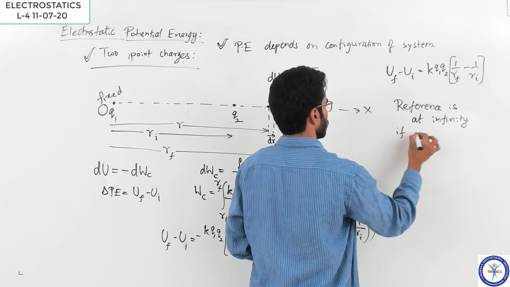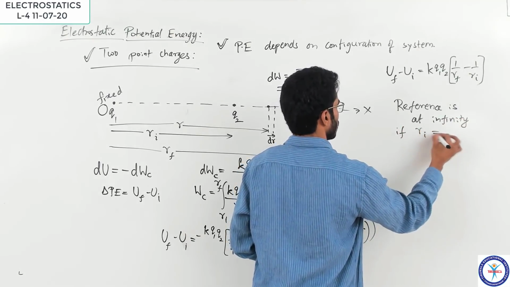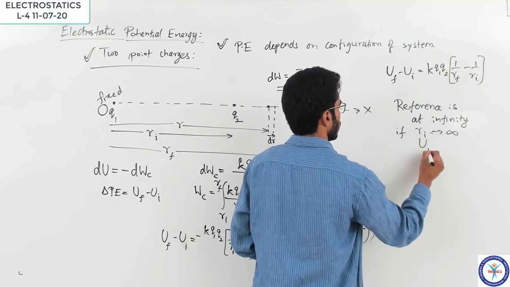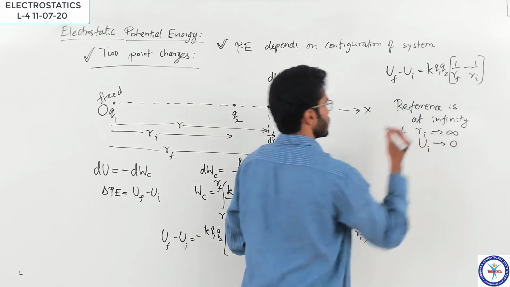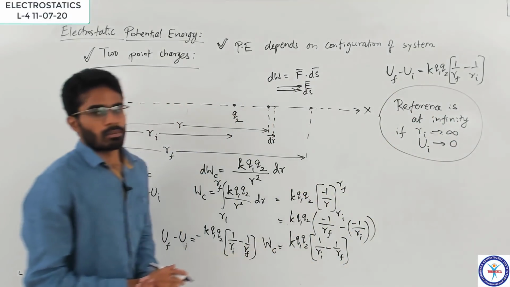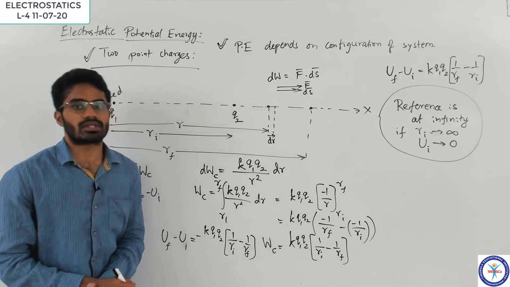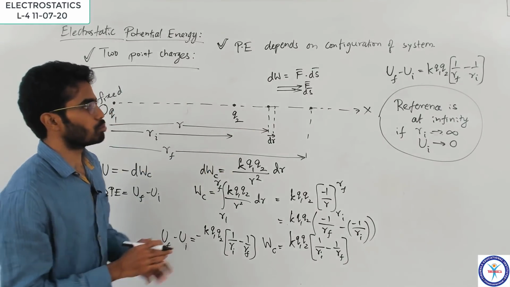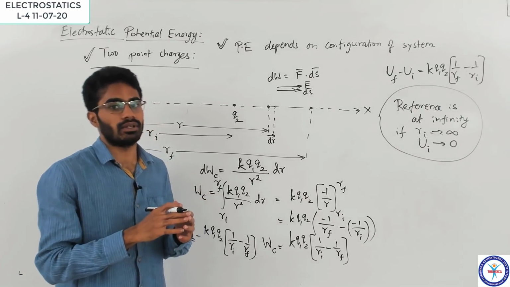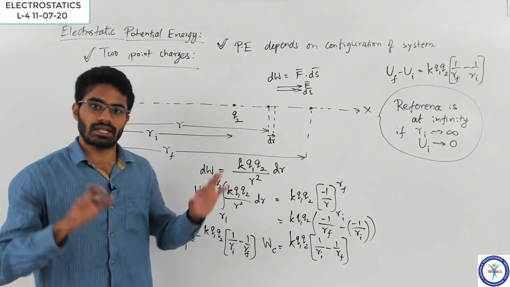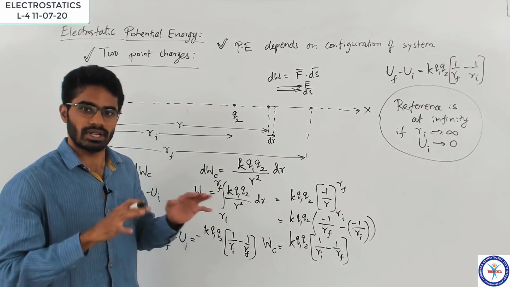So if ri is infinity, Ui is taken to be 0. This is the reference. We define potential energies of the system generally by taking this convention, this reference, that whenever the potential energy of the system is calculated at infinity, it is considered to be 0. This is a reference value.